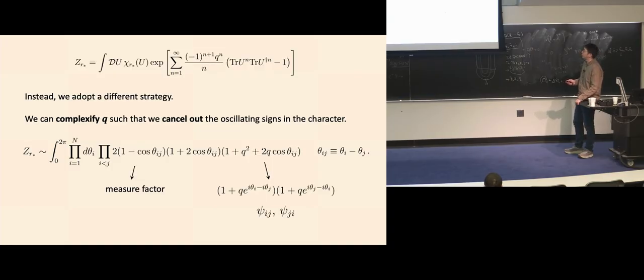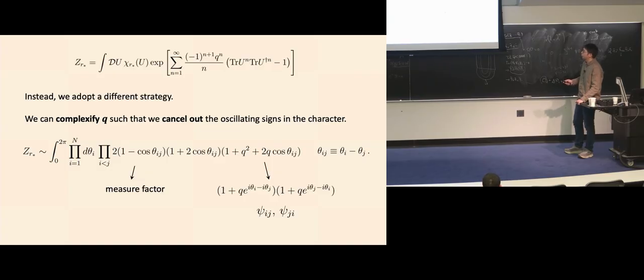Okay? So the idea here is that if you expand out this exponential, the whole expression takes this form. You have this 1 minus cosine theta, which comes from the measure, basically the Vandermonde determinant from this integral over the unitary group.